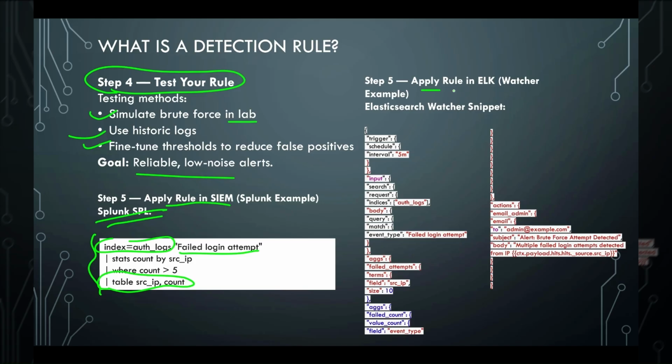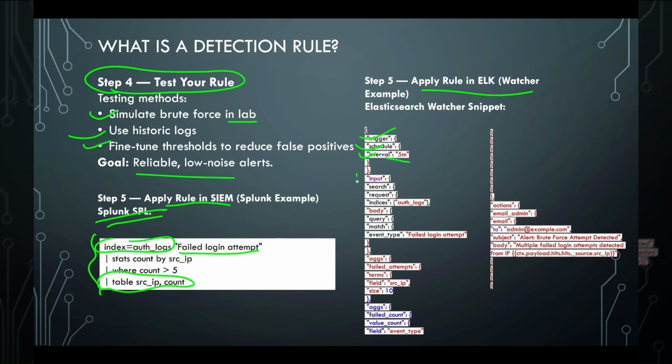Here is another example, for ELK, a watcher example. This is going to apply to Elasticsearch, Logstash, and Kibana. In Elasticsearch, you can set up an alerting rule with watchers to detect failed login attempts. Here we have some criteria like trigger, schedule, and the interval will be 5 minutes.